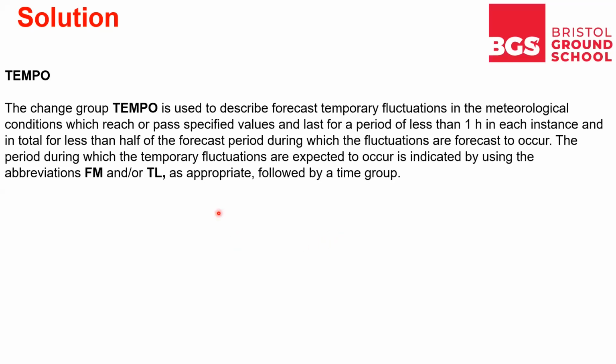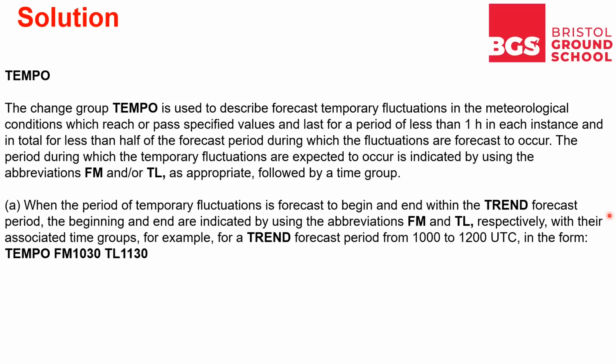The period during which the temporary fluctuations are expected to occur is indicated by using the abbreviations FM and TL as required, followed by a time group. So for example, you might see, as described on the slide there, TEMPO FM1030 TL1130, and then the temporary conditions after that group.